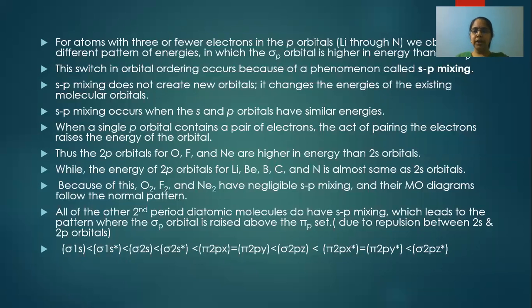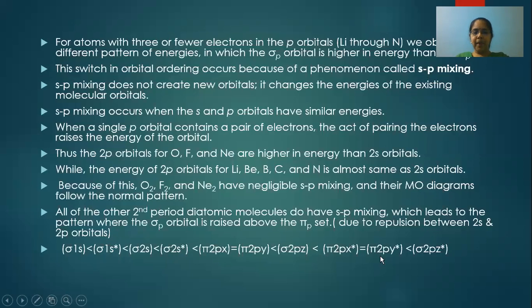In those molecules, the mixing of s and p atomic orbitals is not seen, or it is very little. Whereas in the smaller diatomic molecules, that means from lithium to nitrogen, this mixing of s and p atomic orbitals is prominent, and that mixing changes the energy order of the molecular orbitals.